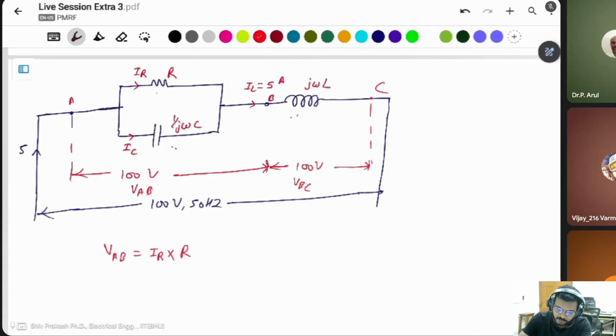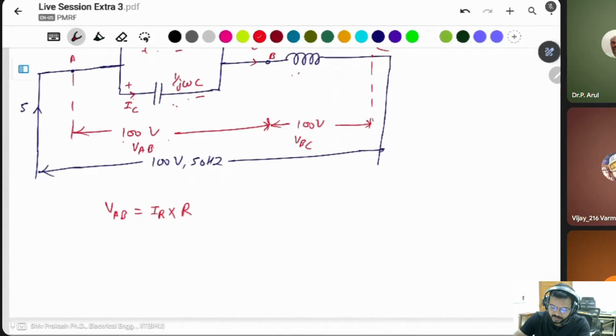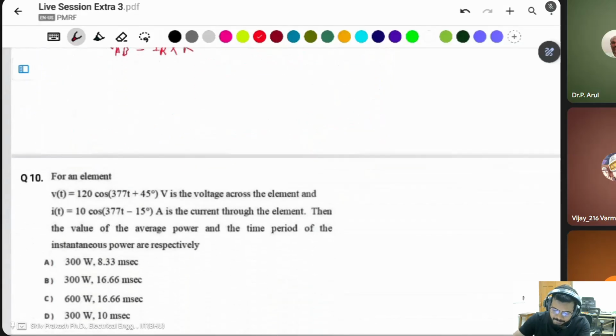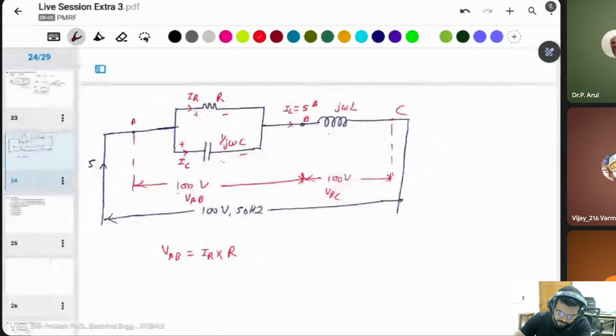In this case, this voltage drop is the same as this voltage drop, and the magnitude of this voltage drop is also the same, because it is a parallel combination.